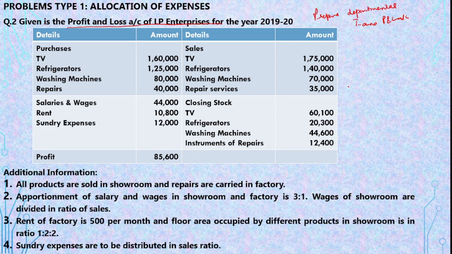Total profit is now known. We'll discuss it in the next video, and if you happen to solve it correctly, then it implies that you have understood the basics of departmental accounting, and the basic is distribution of expenses.